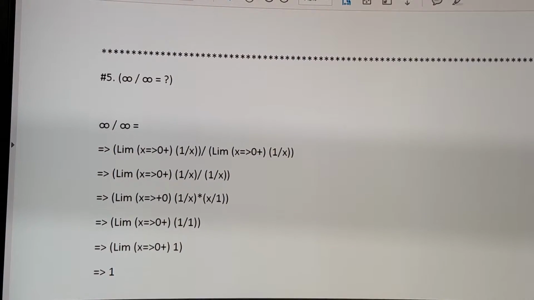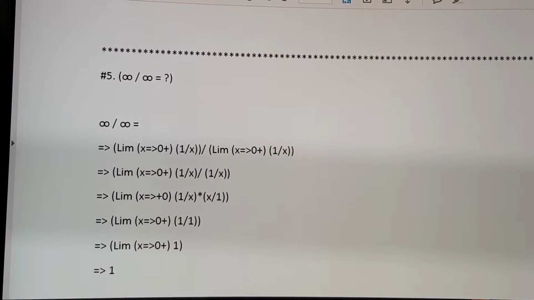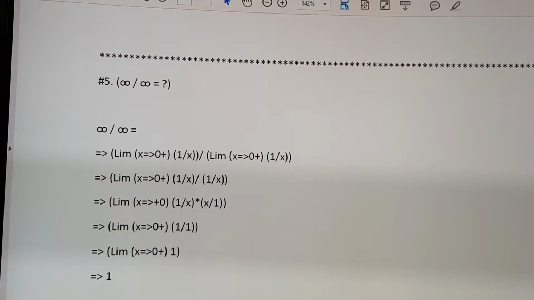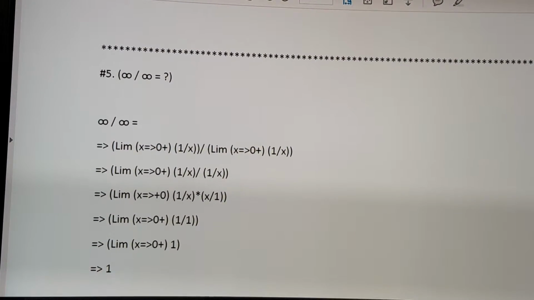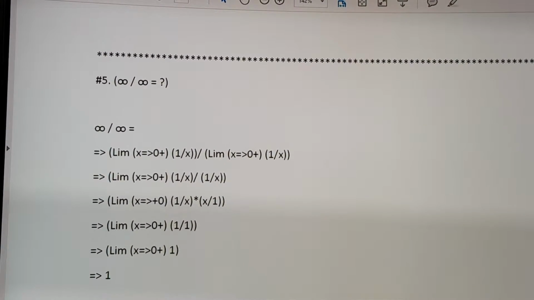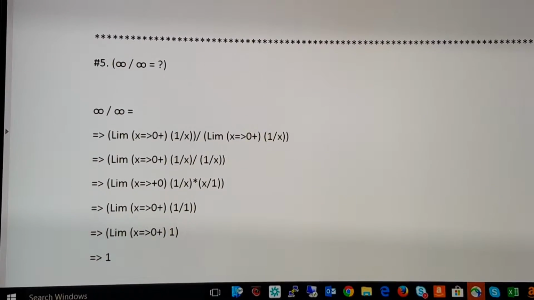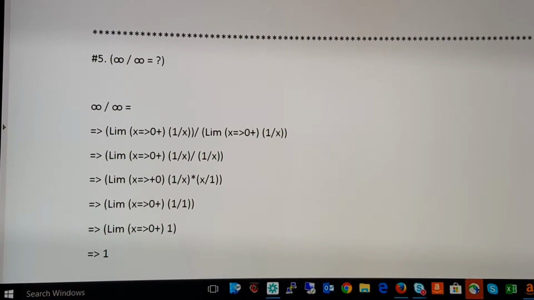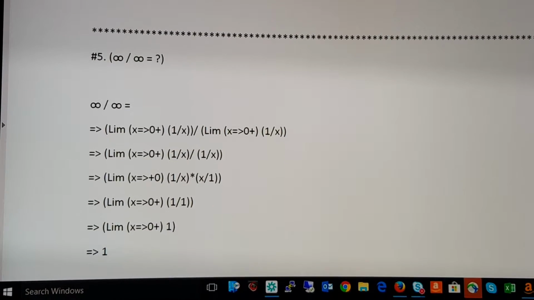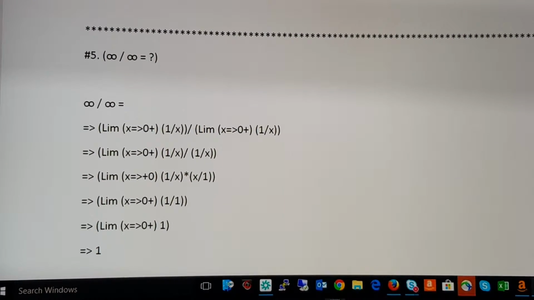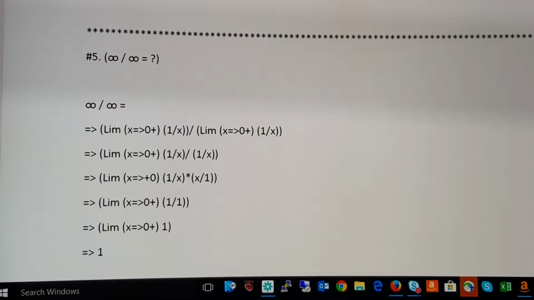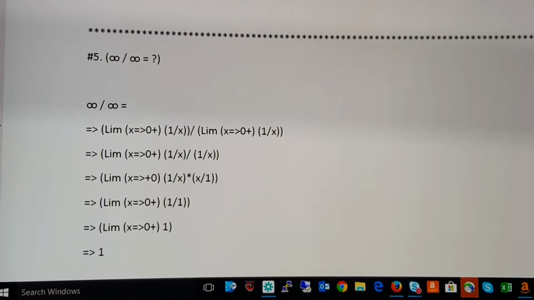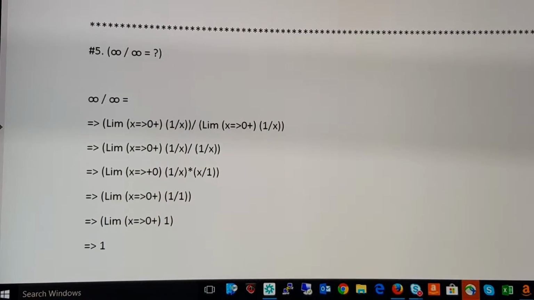You just reverse the fraction in the denominator and multiply it with the numerator. So it's basically a 1 by 1, and it's just the limit of 1 where x tends to 0 plus, which is actually a constant, so it's obviously 1. So you get infinity divided by infinity as 1 by using this evaluation.